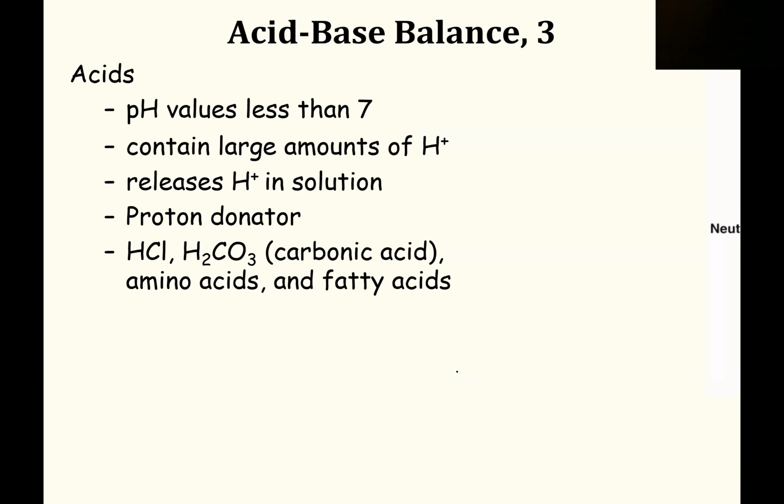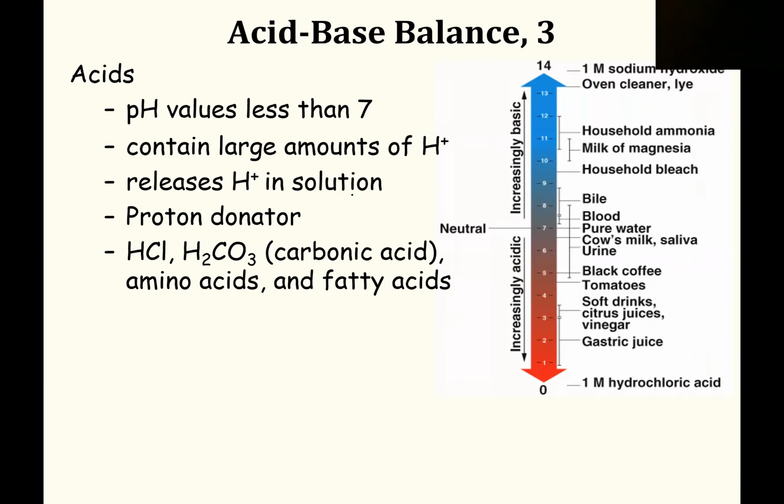All right, comparing acids and bases. Again, there are multiple ways that you can define these terms, and these are only some of them. So in the table that you have to compare, pH values for acids are less than 7.